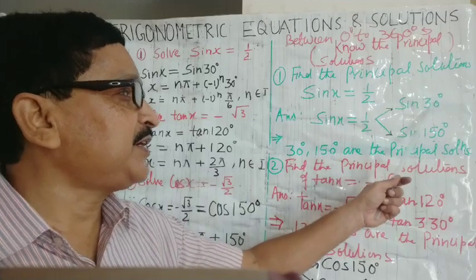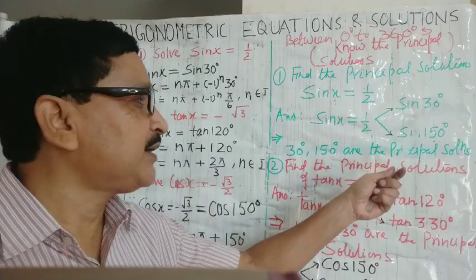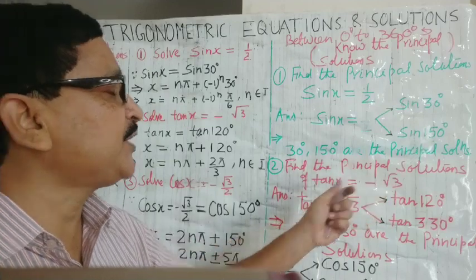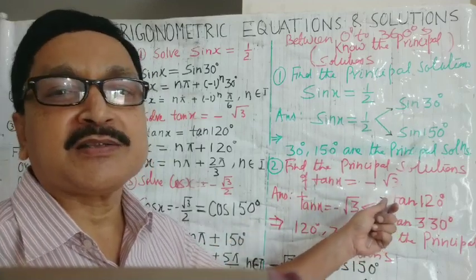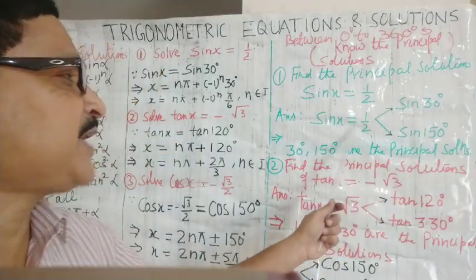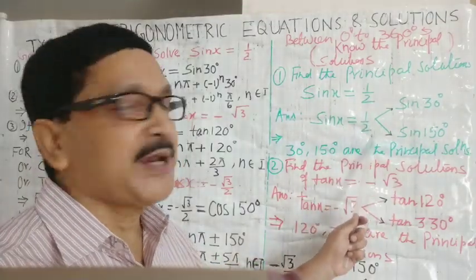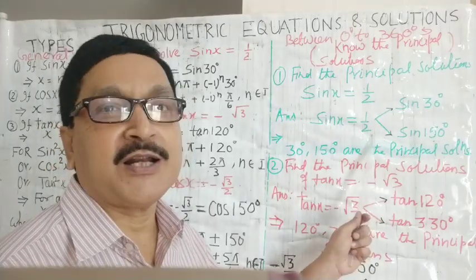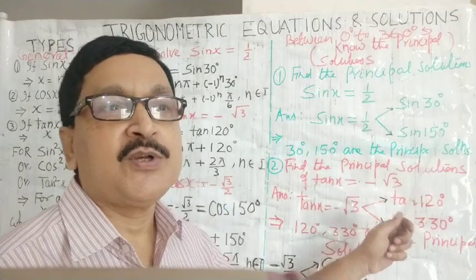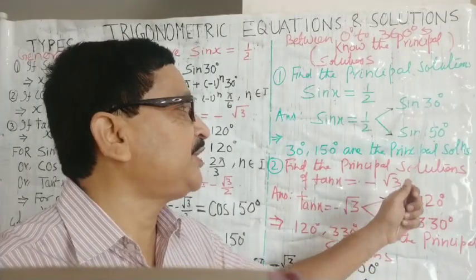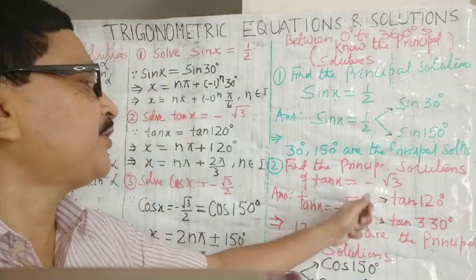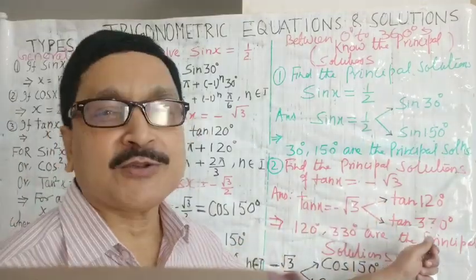Sin 30 degree is positive in the first quadrant and sin 150 degree is positive in the second quadrant. In third and fourth quadrant, sin is negative, so it is not possible to have sin x equal to 1 by 2 there. All positive in first, sin positive in second. So we have got two values, these are called the principal solutions.